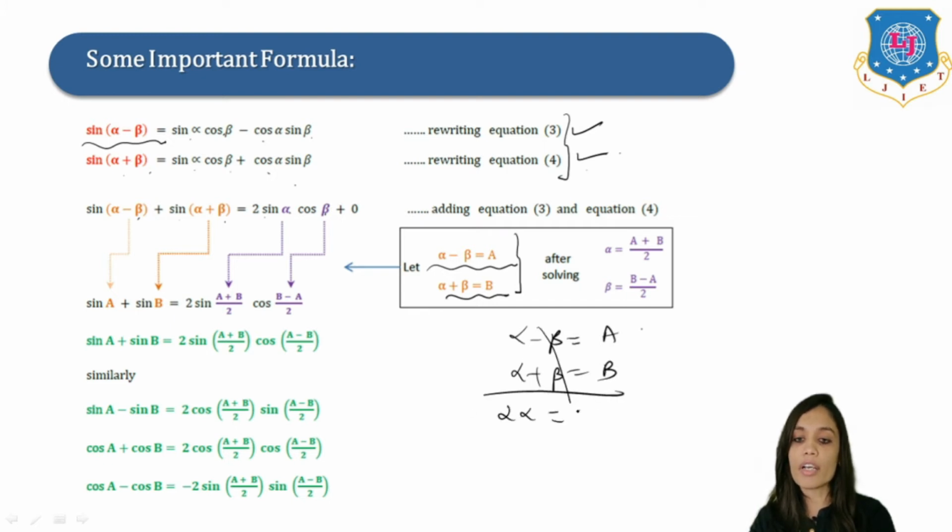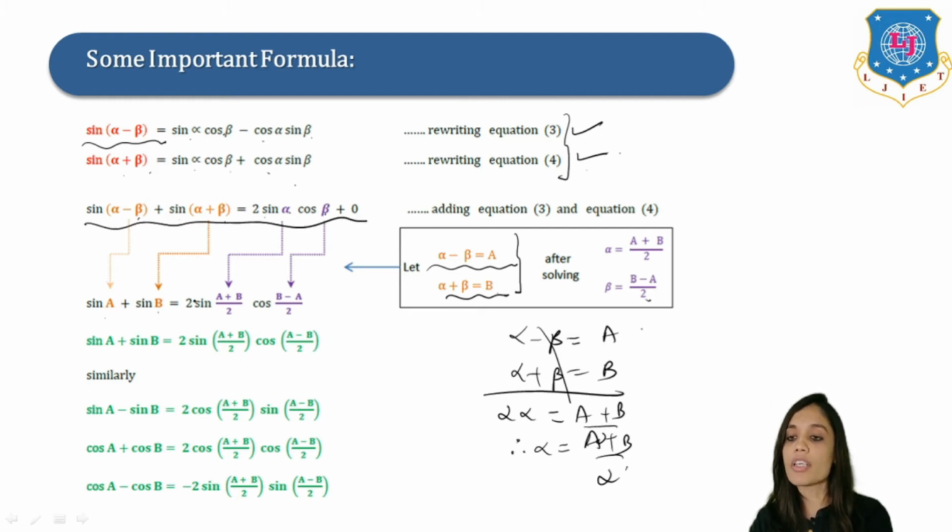So 2 alpha equals A plus B. Therefore, finally alpha will be A plus B by 2. Substitute this value in any of these equations and beta will be B minus A upon 2. Fine. So you can write this in another way as sin A plus sin B equals 2 sin A plus B by 2 into cos B minus A by 2.